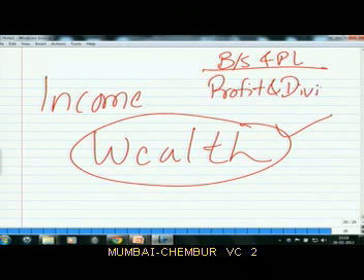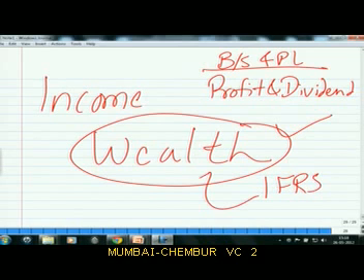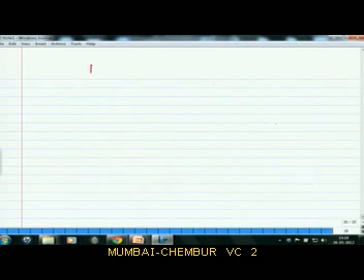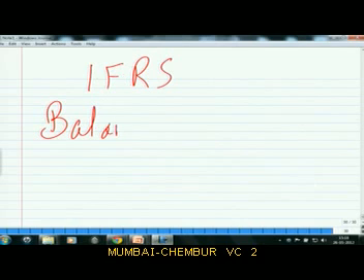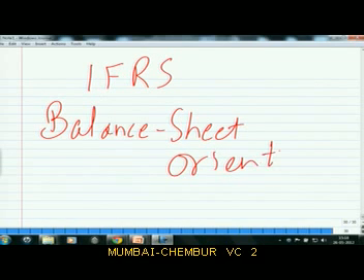Why does this happen? If wealth is more important than income, why do we look into income and profit? That's the question mark. And therefore, the IFRS body says, wealth is important, look at the balance sheet first. Therefore, all the provisions of IFRS have been made balance sheet oriented. Balance sheet over P&L. Balance sheet is more important than P&L. Wealth is more important than income.